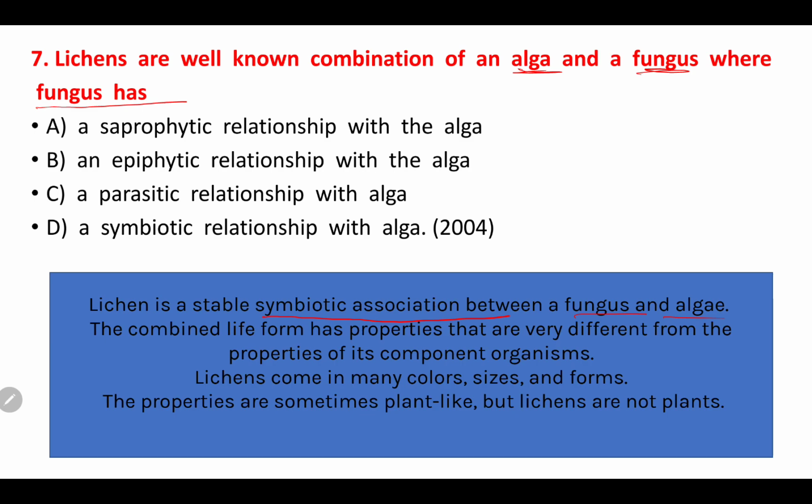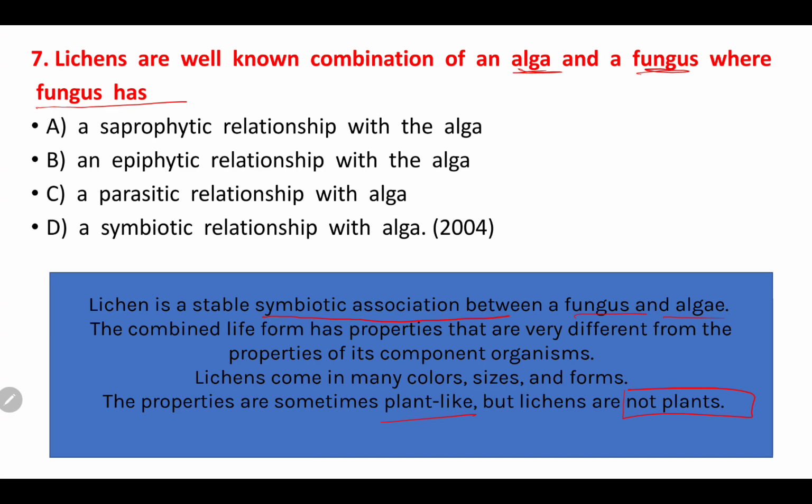And the properties of this combined form are really very different from the properties of its components. The lichens may come in different colors, sizes and forms, and the properties are sometimes plant-like, but lichens are not plants.